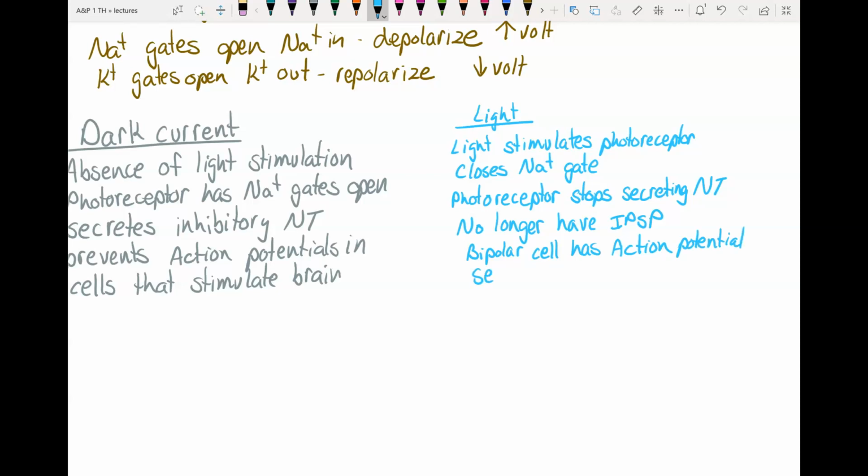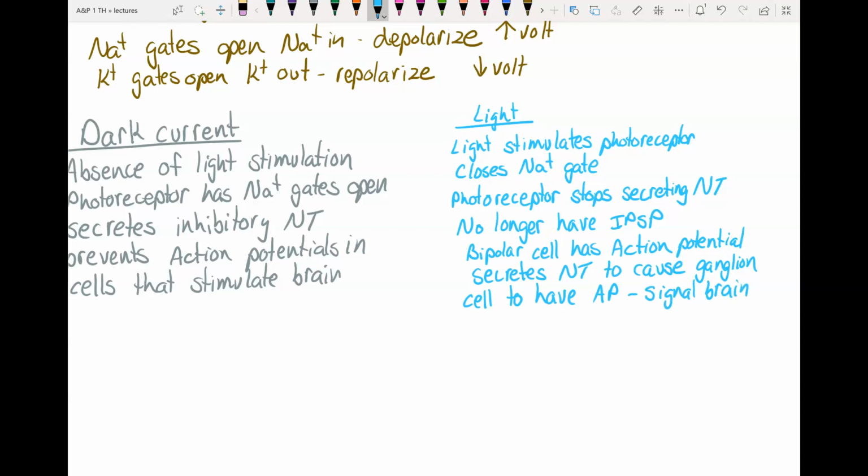So then it secretes neurotransmitter to cause the ganglion cell to have an action potential. And because this ganglion cell is having an action potential, you signal the brain.